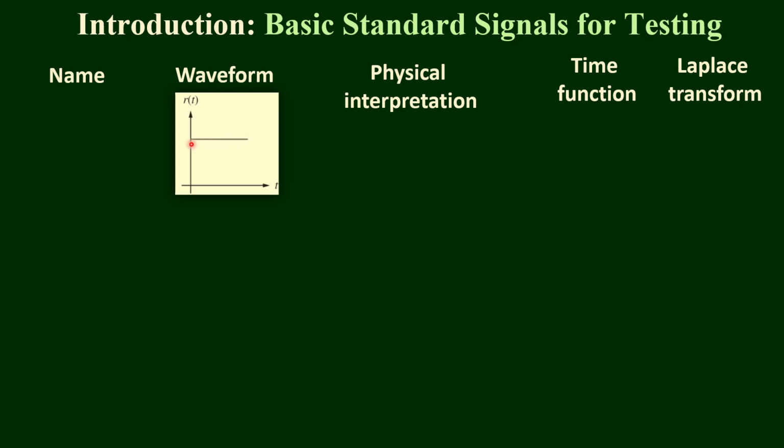But if this step is of 1 unit, we say it is a unit step. Normally we consider it as a step function or step signal, but if the magnitude of the step is 1, we say it is a unit step function or unit step signal.